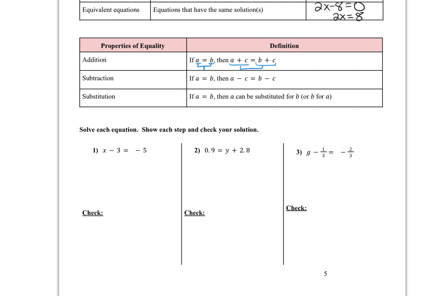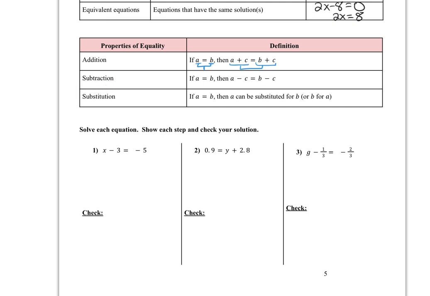So if I add C to the A side, then I have to add C to the B side as well. If I don't, then my scale will be tilted, with one side way lower than the other, and that's not going to work. It always needs to be this balanced scale.